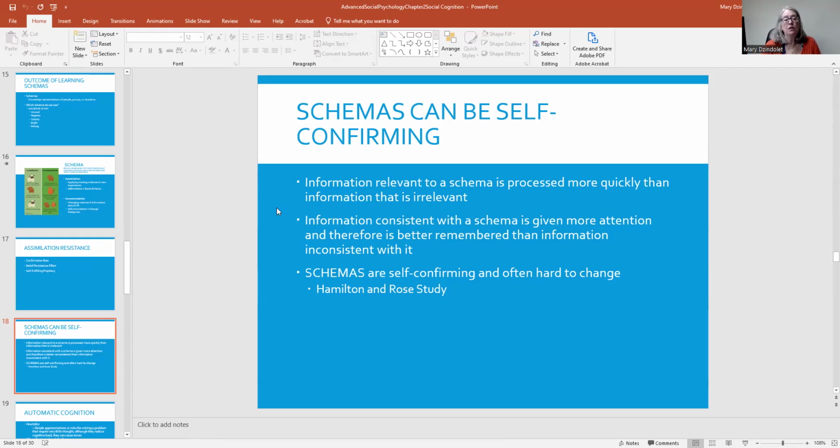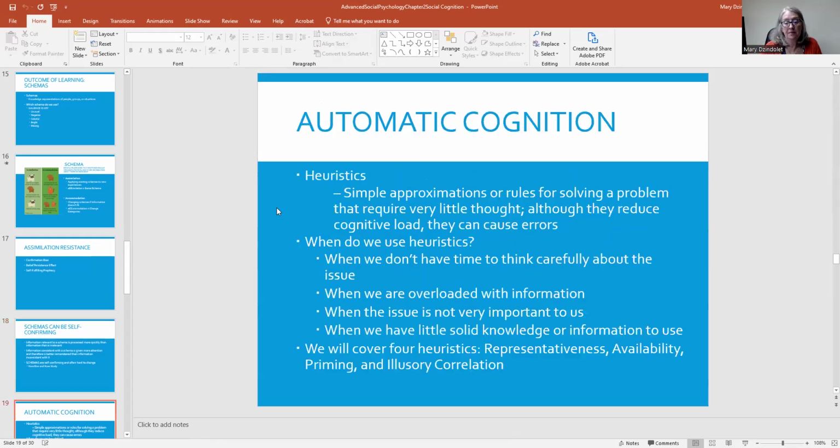They found support for their stereotypes. They overestimated the number of doctors that were wealthy, salespeople that were talkative, and accountants that were timid. So even when you're given completely neutral information, you will actually find support for your schemas because of the way that we process information when we have a schema.